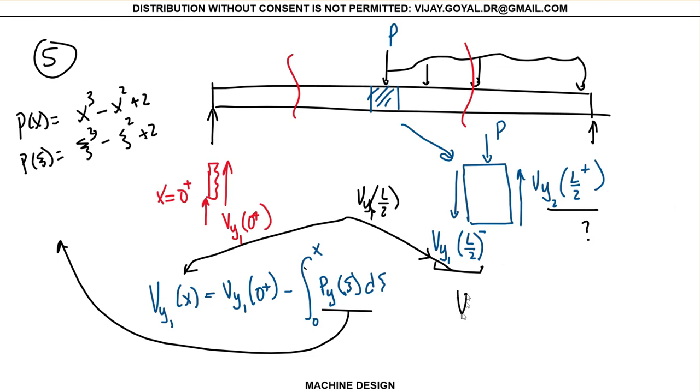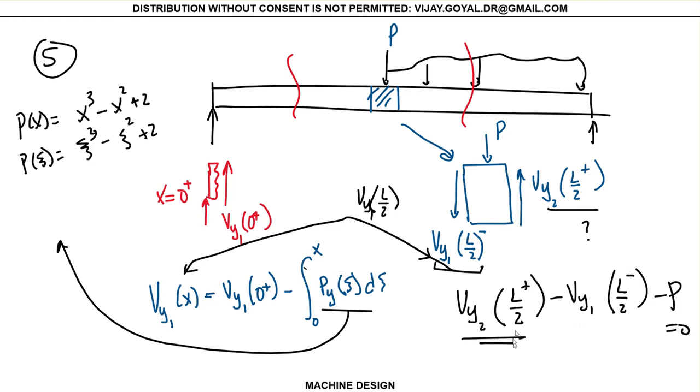So what you do is V2 at L over 2 plus minus V1 at L over 2 minus P is equal to 0. Then you solve for this.